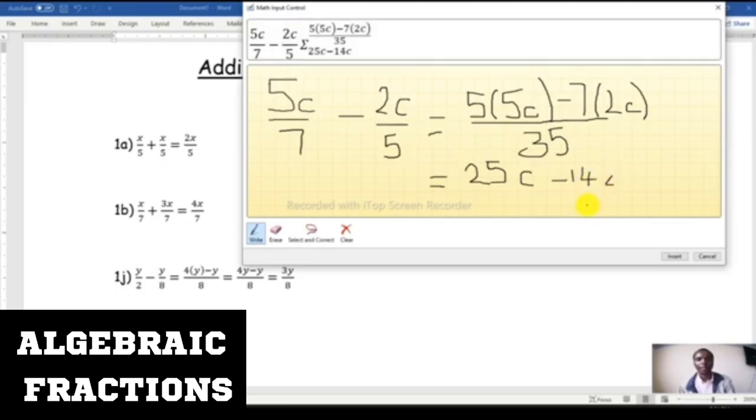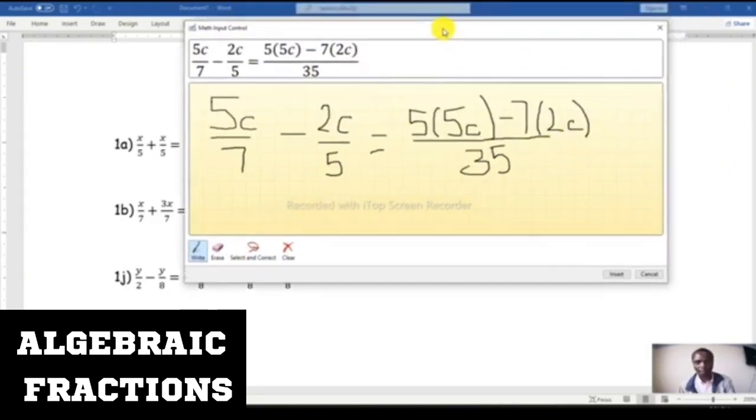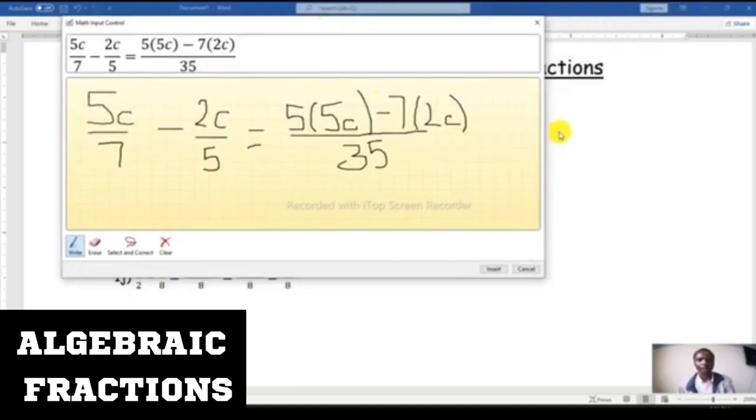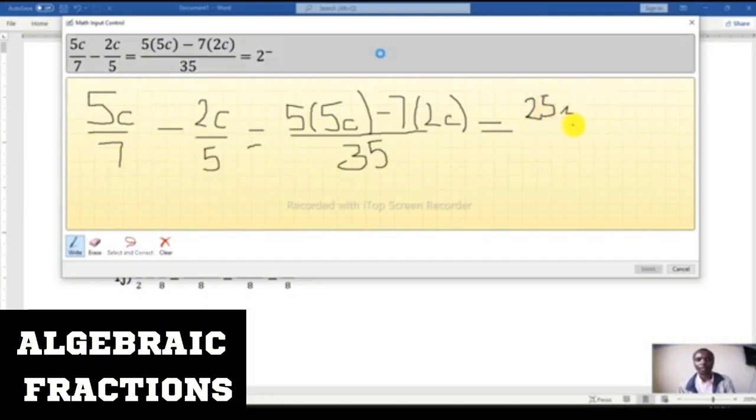I'll continue writing and stretch our board. So this is equal to 5 times 5, we got 25c, 25c, not x, c please.